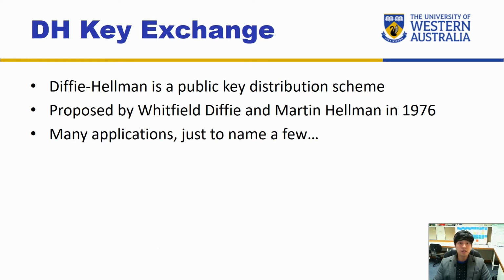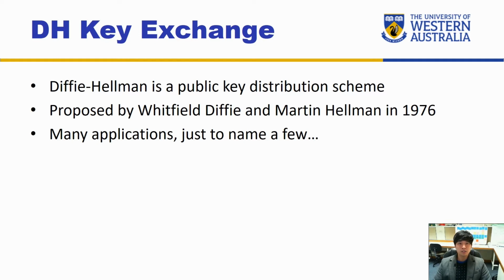Diffie-Hellman is a public key distribution scheme, so it's a little different from RSA, which you can also use for data encryption, but Diffie-Hellman is only used for key exchange. This is useful if you want to do a key exchange safely with trusted parties.